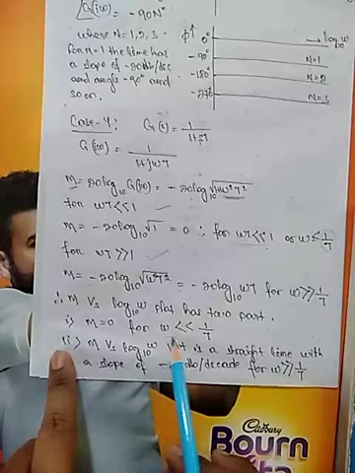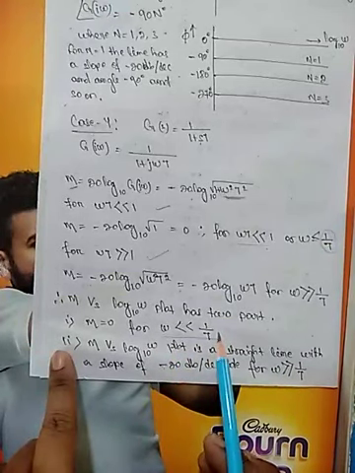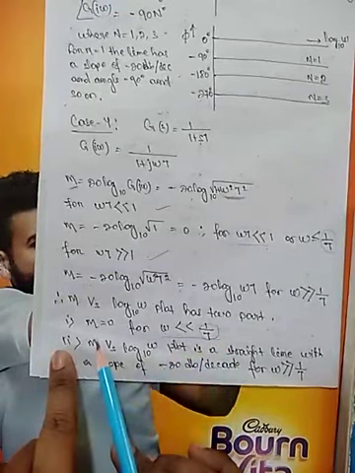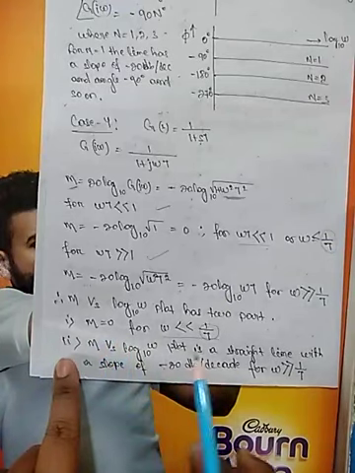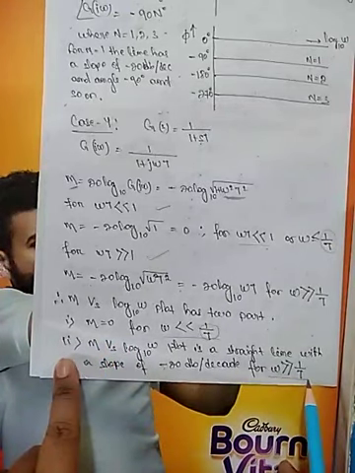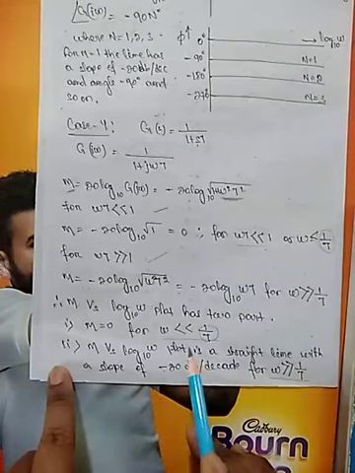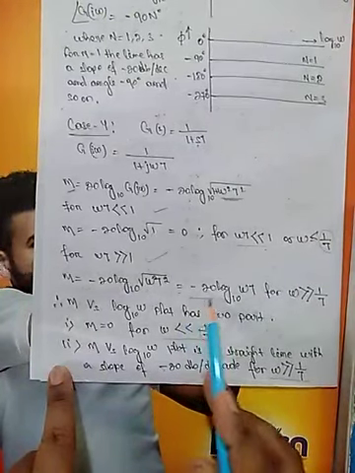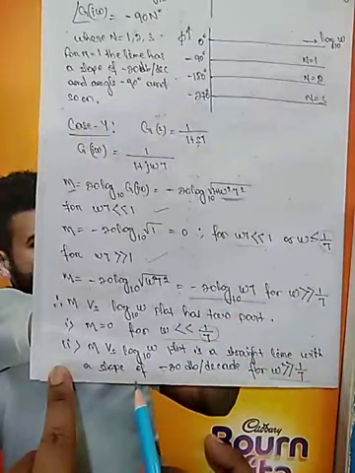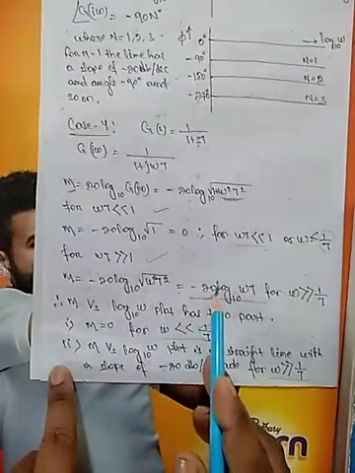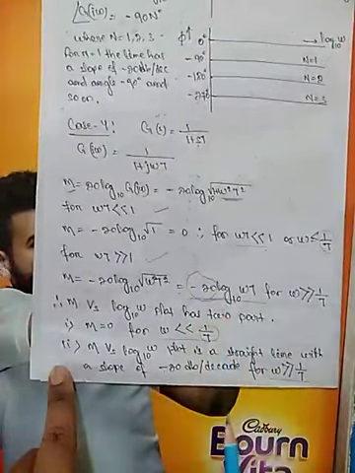When omega is very less than corner frequency, magnitude is 0, and when it is greater than corner frequency, then the plot is a straight line having the slope of minus 20 dB per decade.